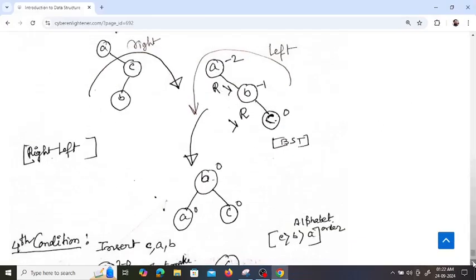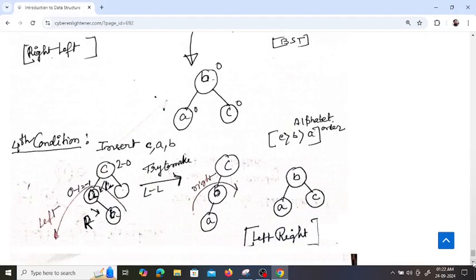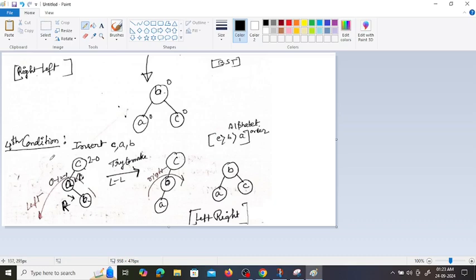And finally, condition 4. We have the fourth condition, which is inserting C, then A, and then B. You can see the fourth condition: we have C, then A, and then B. Here this is left and then right, so left-right.